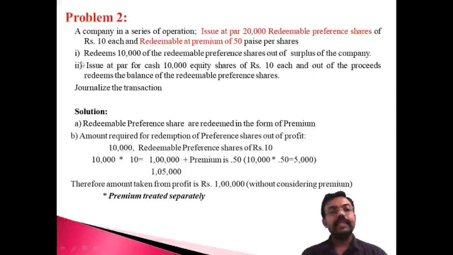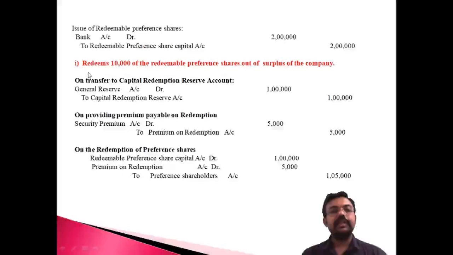Okay, then writing the entries of the first situation, redeeming the 10,000 redeem preference shares out of the surplus of the company. As per the surplus of the company, they are taking the amount from the general reserve.